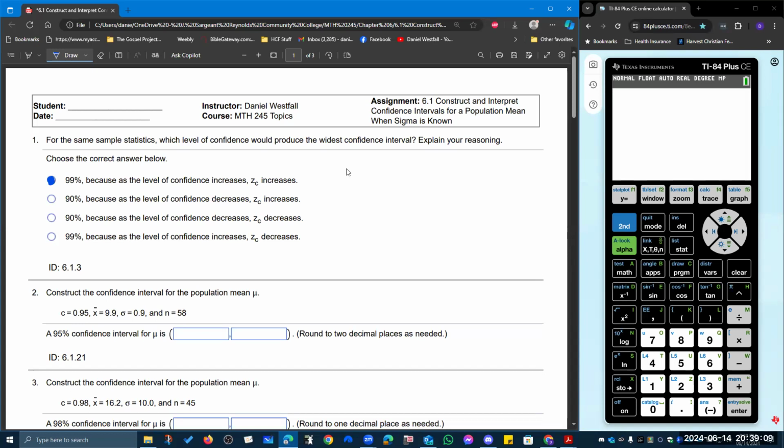Since our confidence interval is x bar minus E to x bar plus E, and E is equal to z sub c times sigma divided by the square root of n, as c increases, z sub c increases, which makes this numerator bigger, which makes the error bigger, which makes the confidence interval wider.